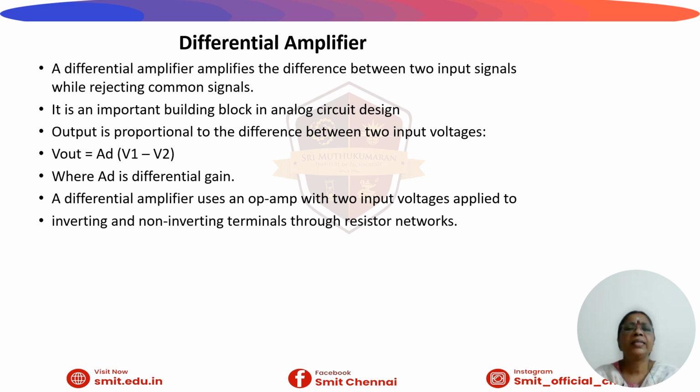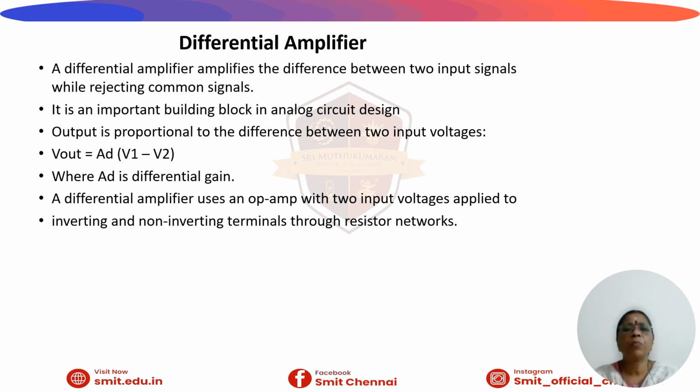The next configuration in the feedback closed loop configurations is the differential amplifier. The differential amplifier is used to amplify the difference between two input signals while rejecting the common signals. It is an important building block in analog circuit design.